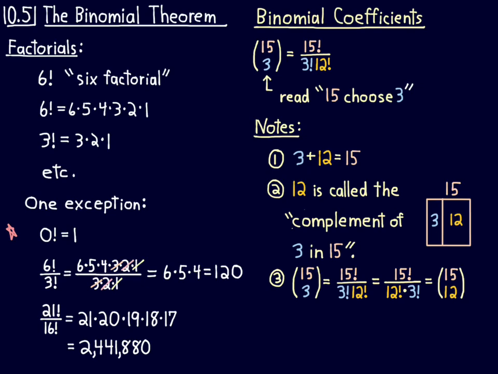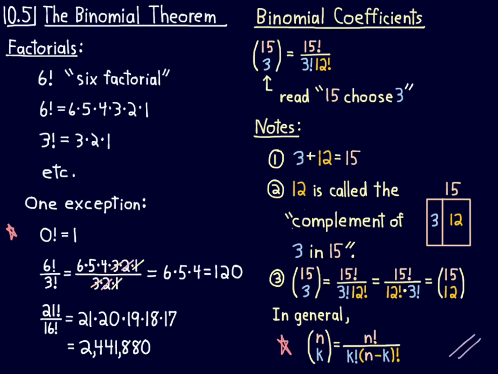Kind of the same thing, as long as you know that 3 people actually go. So in general, n choose k is n factorial over k factorial times n minus k factorial. This looks more complicated, but remember, you'll have specific numbers for n and k, and it just works like the 15 minus 3 example.